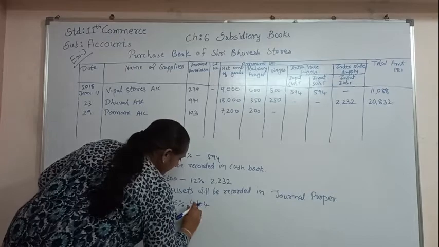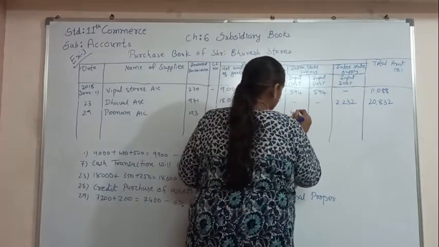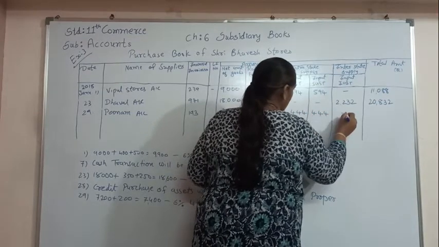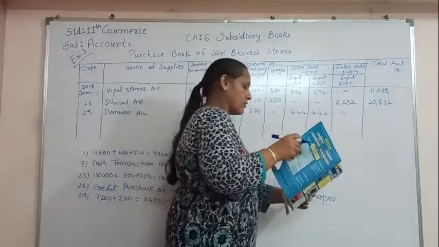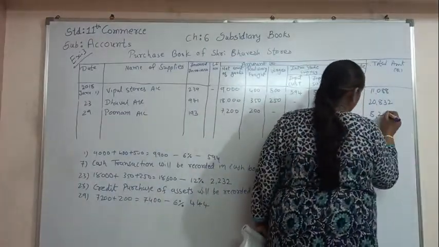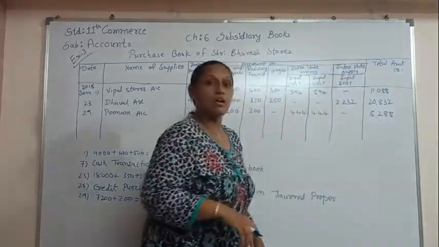So that we are going to write for both CGST and SGST, 444. So the total of the amount will be 8,288. So this is the total of the invoice.